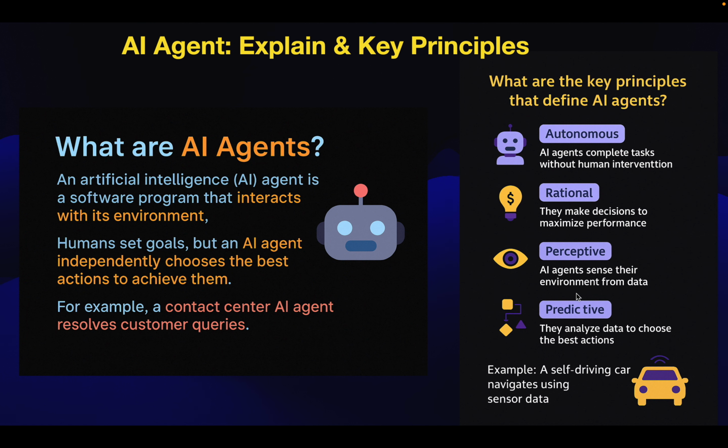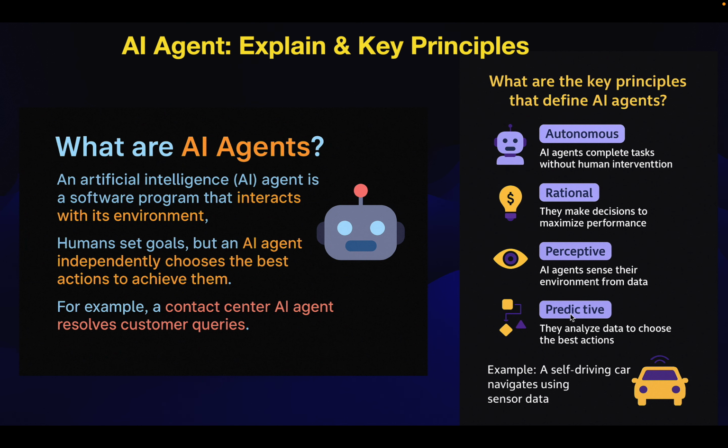Third, we have perceptive: they are not blind. AI agents sense what's happening in the environment using data inputs like sensor logs. Fourth, we have predictive. This is where they are really smart. They analyze patterns in the data to predict what actions will come next.